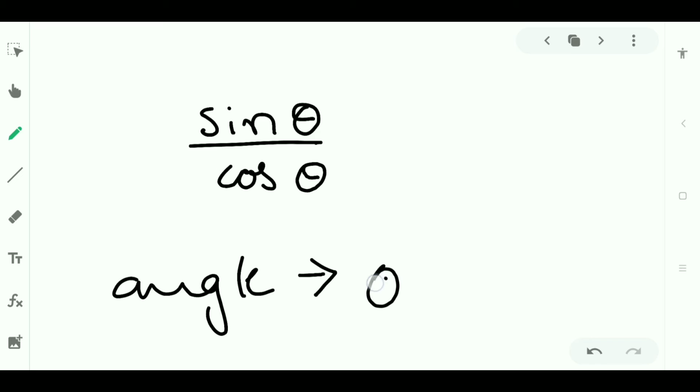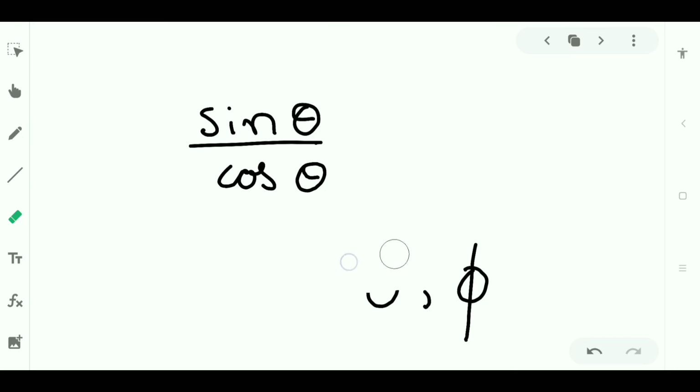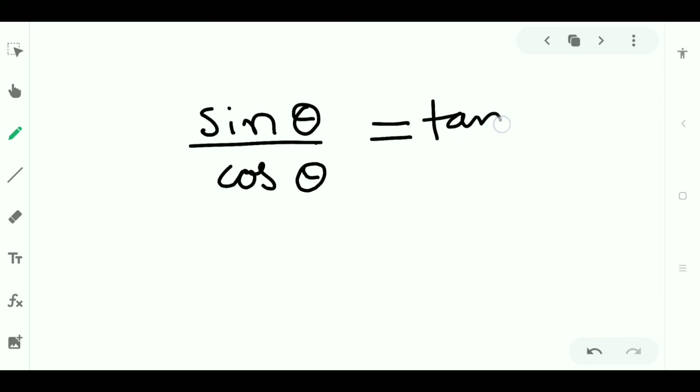Mainly we use theta and phi, and these are enough to represent the angles. So sin theta by cos theta, you can write it as tan theta. Okay, tangent is equal to tan theta.